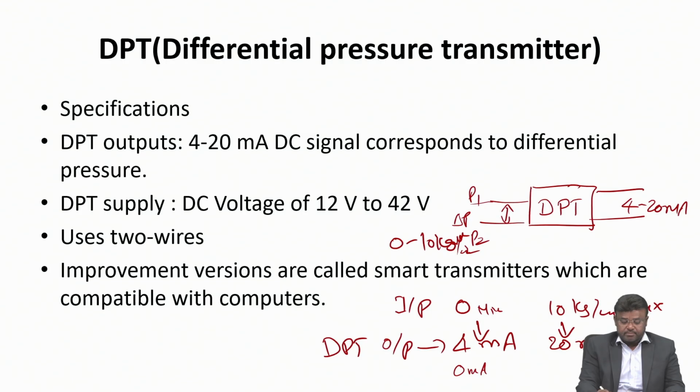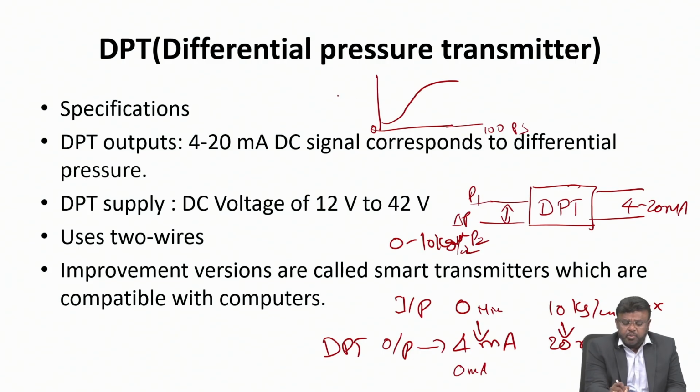The reason is that if you consider the characteristics of pneumatic sensors, that is, an electro-pneumatic converter, where air pressure is converted into current, the graph we will get is, suppose this is 0 and this is say 100 psi, and the output is current, and this is 4 milliamperes, this is 20 milliamperes.